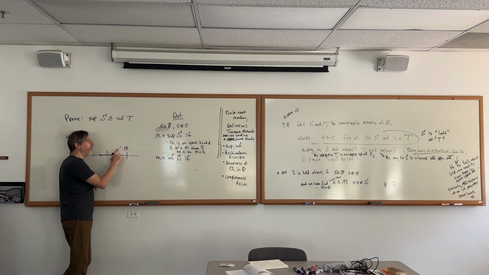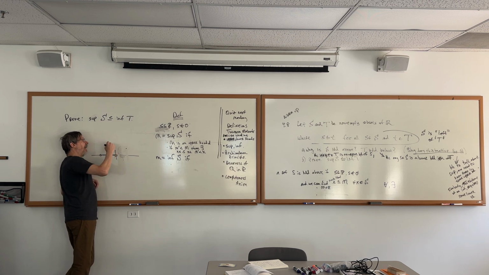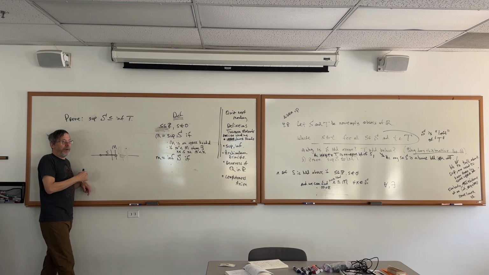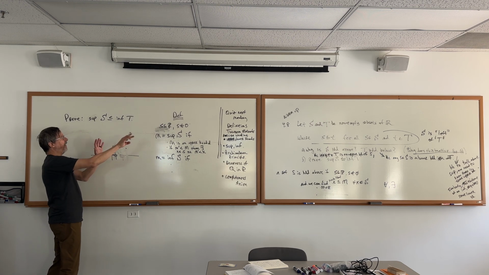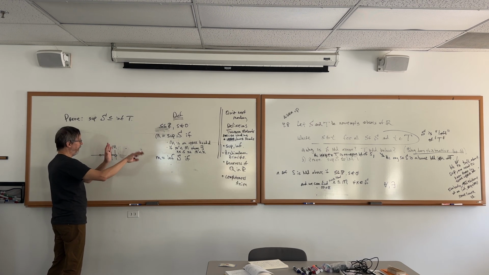So it's all about, I am the supremum if no matter how far left I fall, there's stuff in the set between that new left endpoint and what I'm claiming the supremum to be. Does that make sense? So you fall a little to the left, oops, the set's now to your right. That's what that's all about.